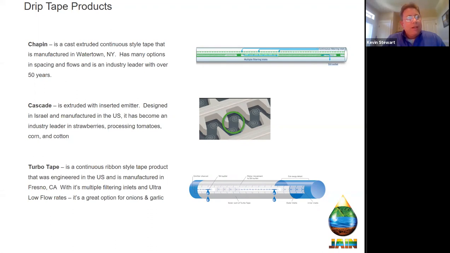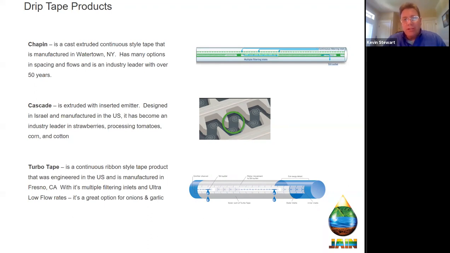And finally, we have Turbo Tape, which is another continuous style emitter, but we insert a ribbon into the material. It was engineered here in the US. It's manufactured in Fresno. One of the real cool things about this product, and we'll go into more detail, is we have continuous filtering inlets that run the entire length of the tubing on both sides.